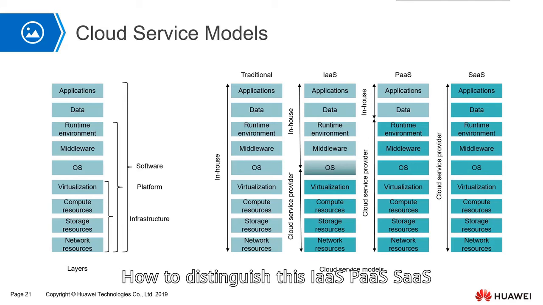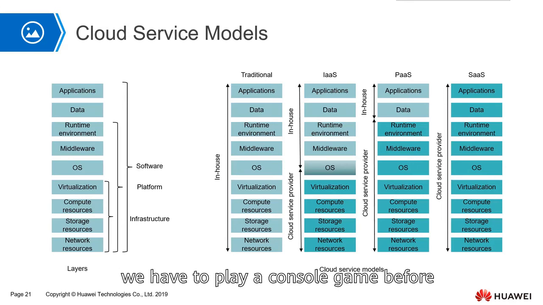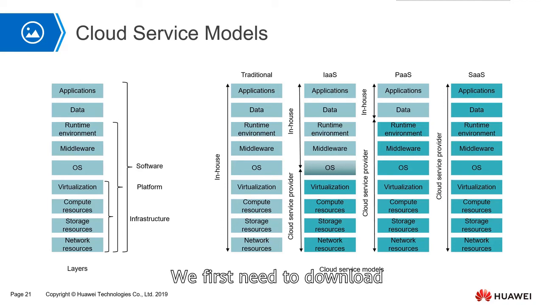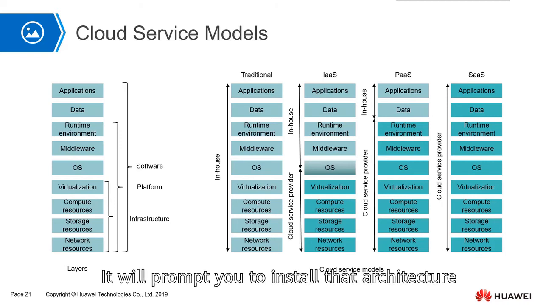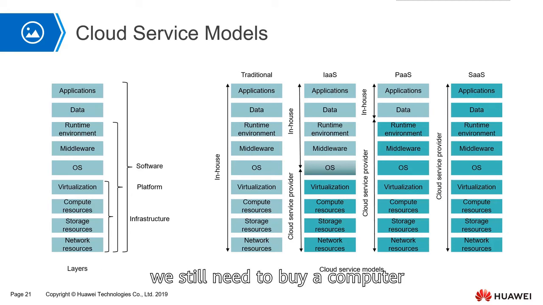How to distinguish IaaS, PaaS, and SaaS? For example, before, if we wanted to play a console game, we first needed to download the installation package, and then it would prompt us when installing. It would prompt you to install the architecture. Finally, we still needed to buy a computer.